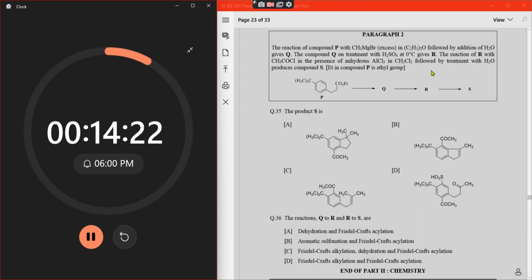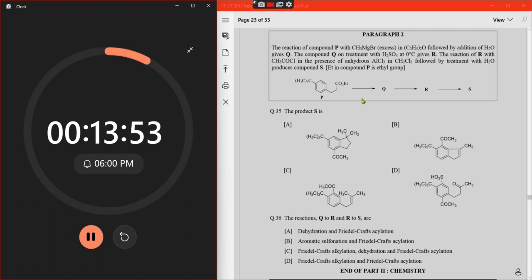The reaction of R with CH3COCl. Okay, so what is Q to R? It's dehydration. Yes. Sulfonation. Okay, no. Maybe C. I think it's dehydration though, because 0 degrees Celsius. Reaction of R with CH3COCl in the presence of anhydrous AlCl3 in CH2Cl2 followed by... Huh, that's kind of weird.